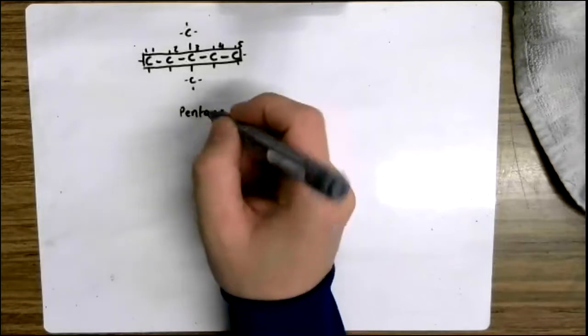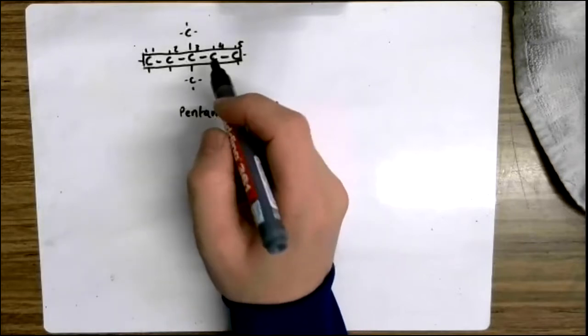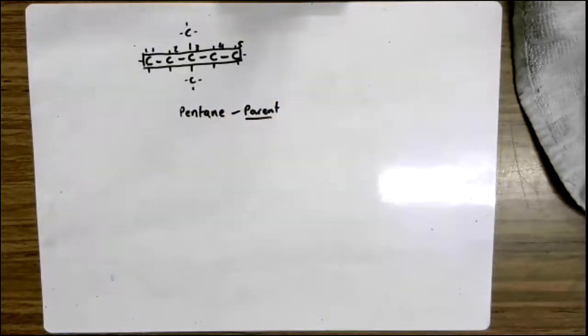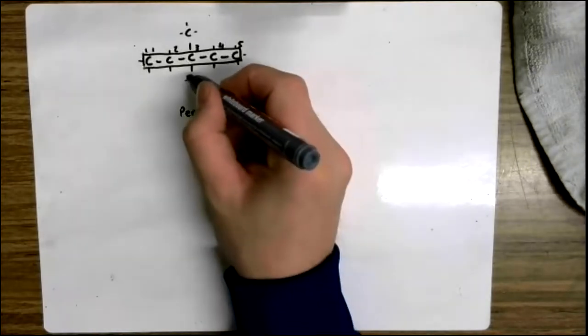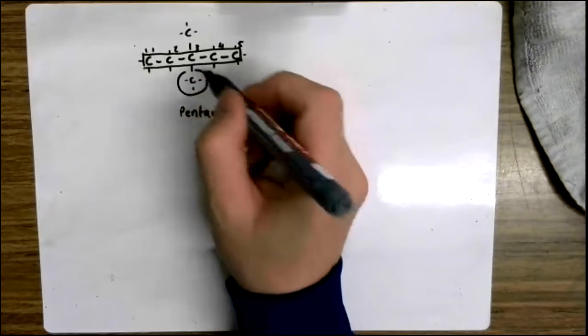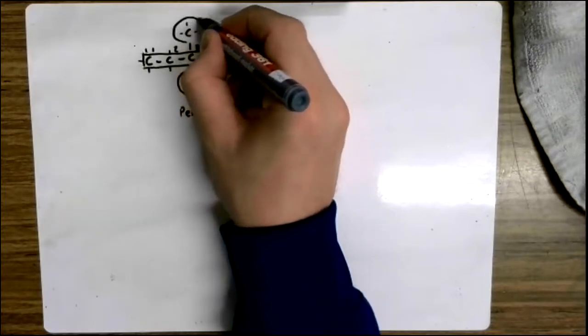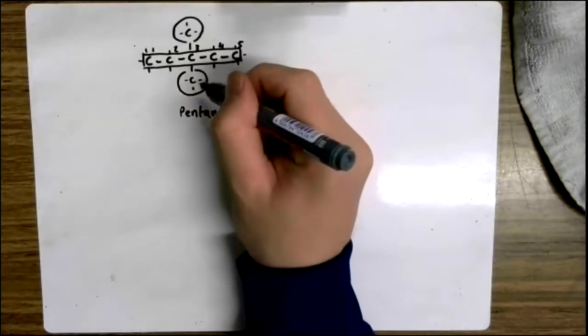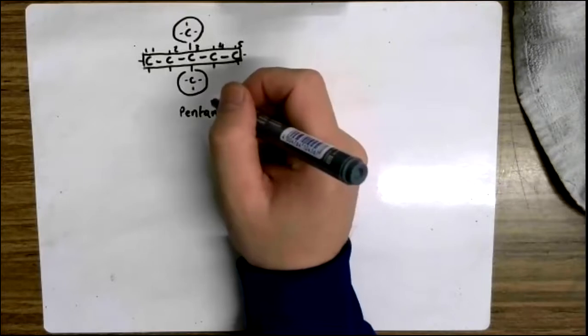Okay, right. So step 3 is we've got to identify the type and number of branches. Okay, so identifying the type and the number of the branches. Well, I see I've got a branch here and a branch here. I've got 2 branches on carbon 3. And they are both, again, methyl groups.